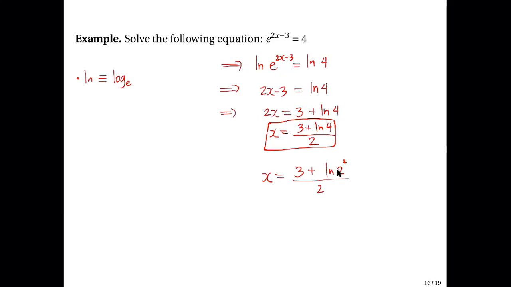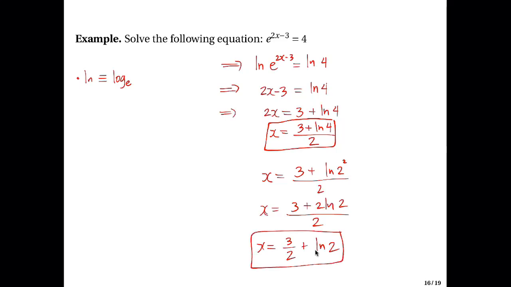Then this exponent 2 will go down as a coefficient of your log. So x equals (3 plus 2 ln of 2) divided by 2. And therefore, some students will write this as 3 over 2 plus ln of 2. And this is also correct. This is totally fine.